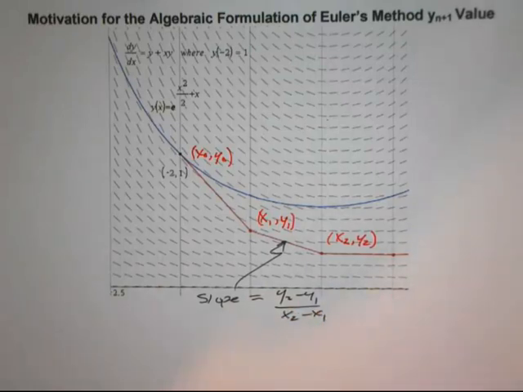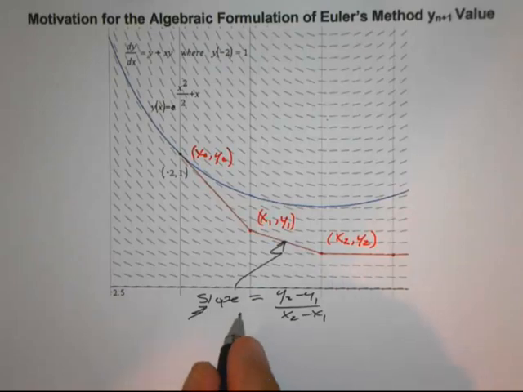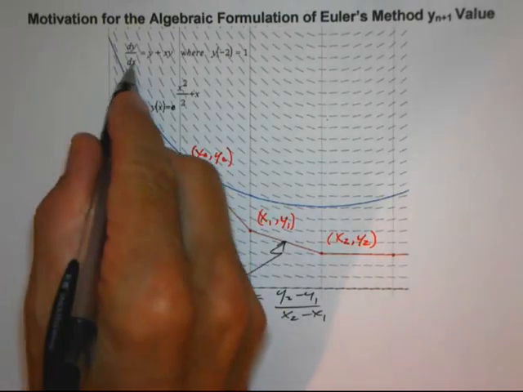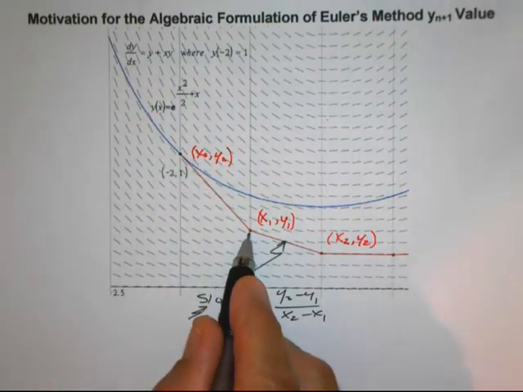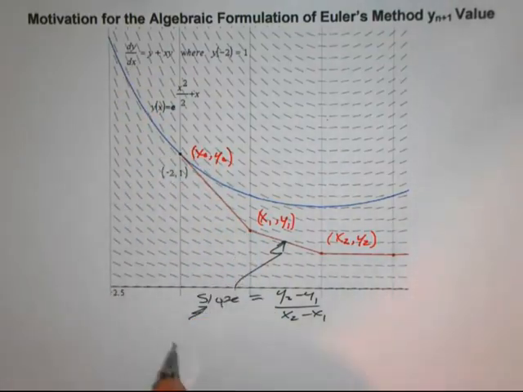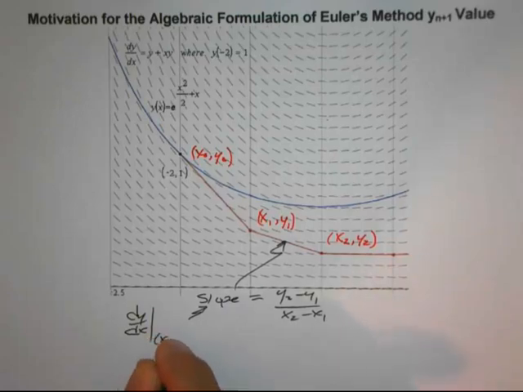Okay, now the slope, what about that? That's where we're using the dy/dx formula, substituting in the coordinates of this point. So that is, algebraically speaking, dy/dx evaluated at x sub 1, y sub 1.